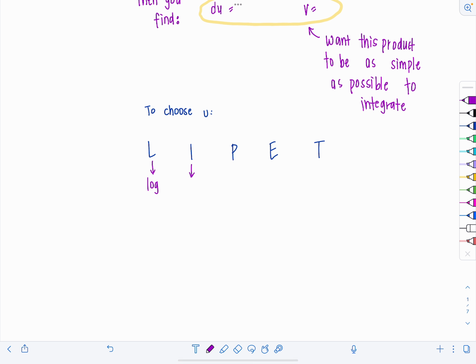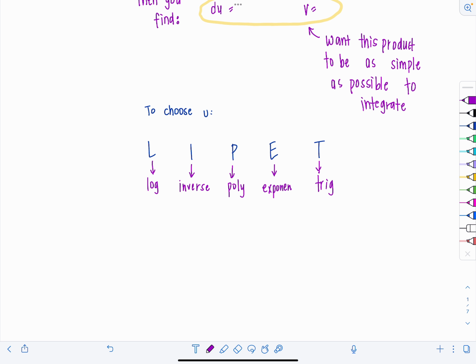If you see some sort of inverse, like a trig inverse function, then if you see a polynomial, if you see an exponential function, or if you see a trig function. And there is like a ranking to it, okay? So typically if you see logs, you would let that be u first.